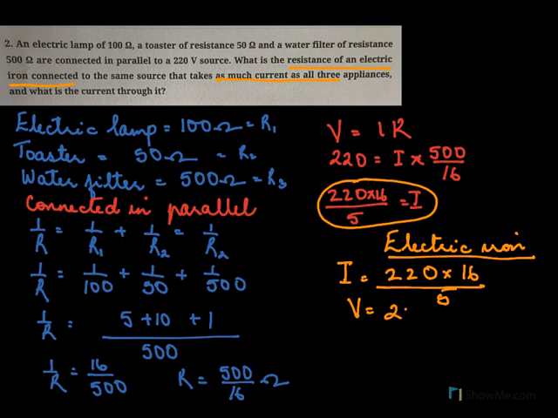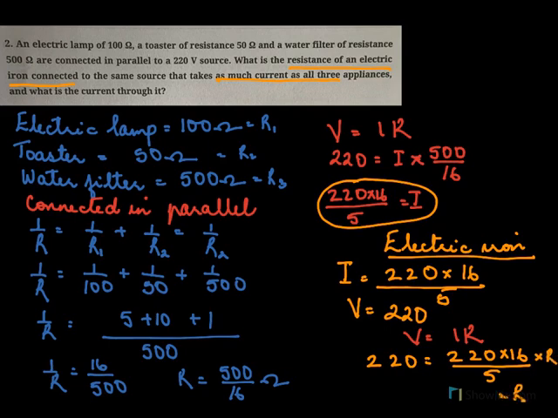And the voltage also is the same, that is 220 volts. So we need to find the resistance. Again V equals IR, and substitute here. You have 220 equals I, which is 220 into 16 over 500, and the resistance we need to find.